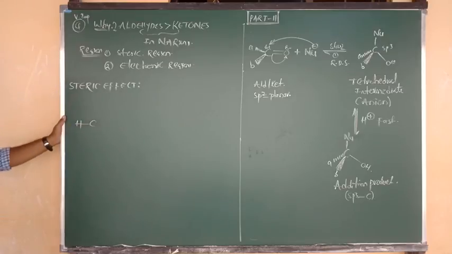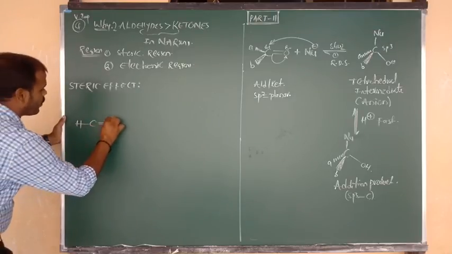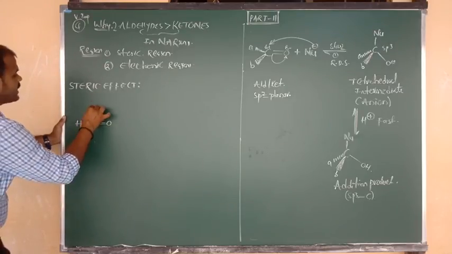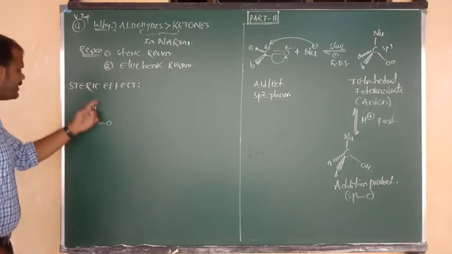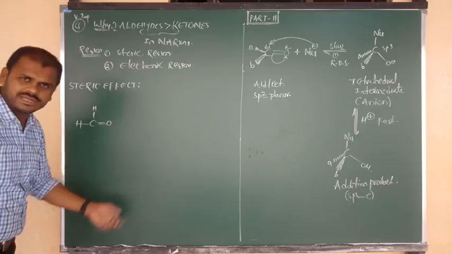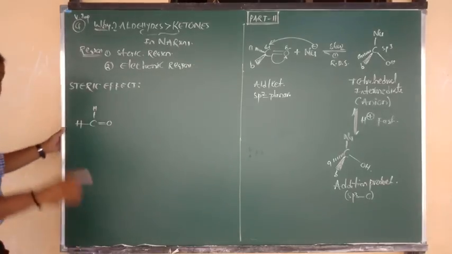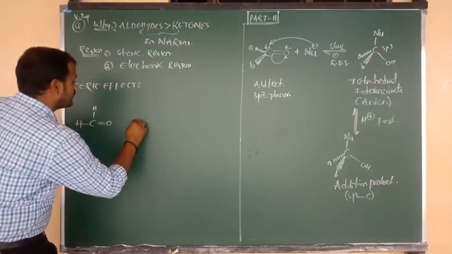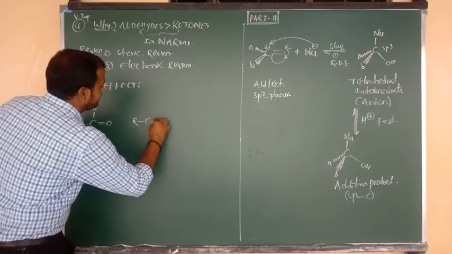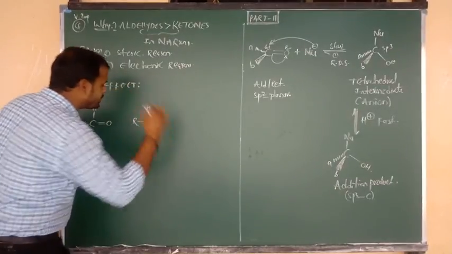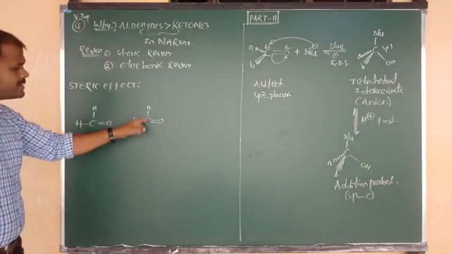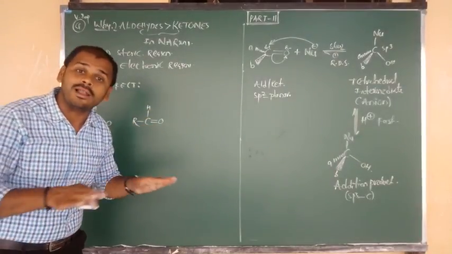H bonded to C, C double bond O, again connected to H. We can also say CH2O, it is also formaldehyde. Next, another compound I am going to write: R bonded to C, C double bond O, again connected to H, RCHO, the formula of an aldehyde.